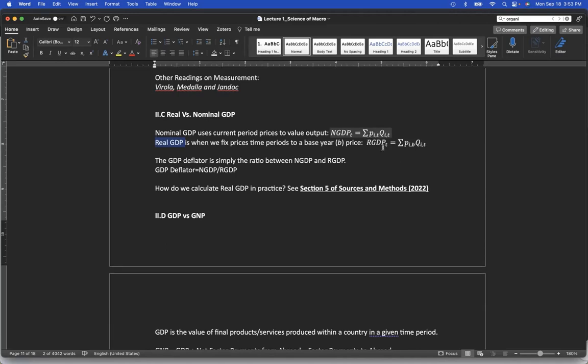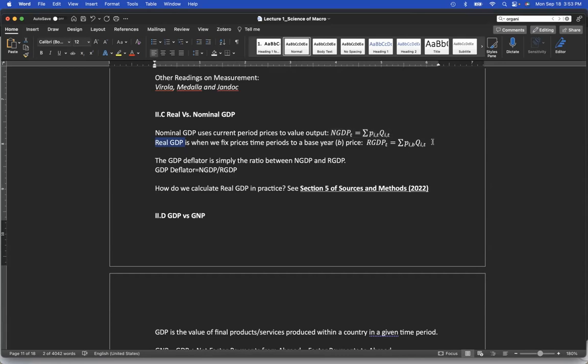Okay? And then every time you change the base year, I think that was your idea, right? If you change the base year every year, the entire GDP series will change every year. So in a sense, that's not what you really want, because what you want is a consistent series for real GDP to focus on Q. And if the base year is always changing, then it's almost as if you're just comparing NGDP.